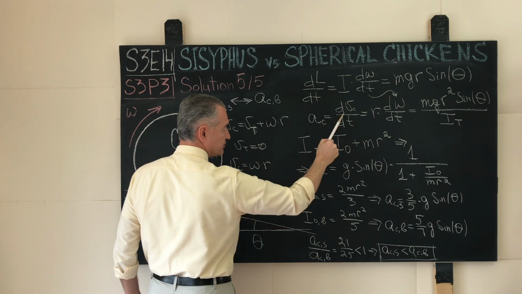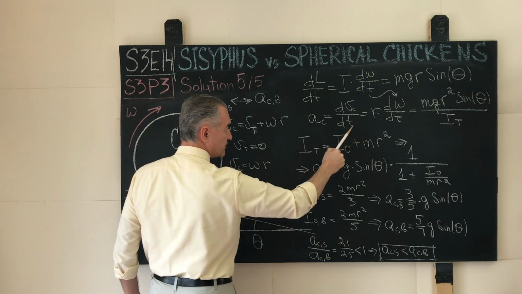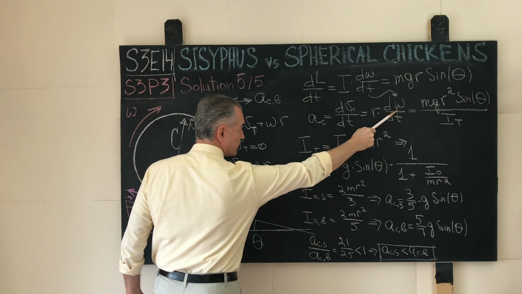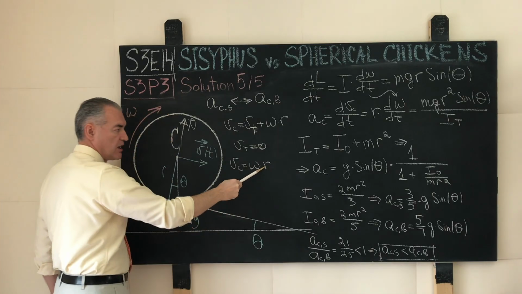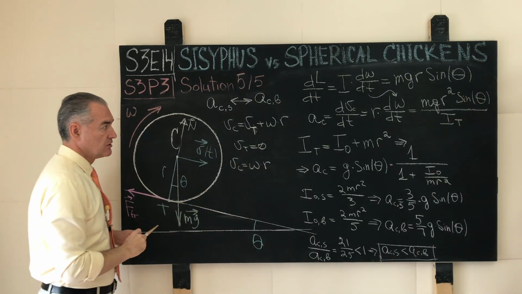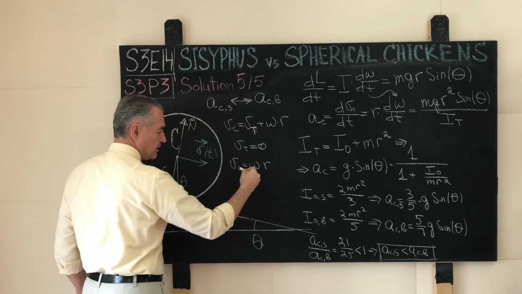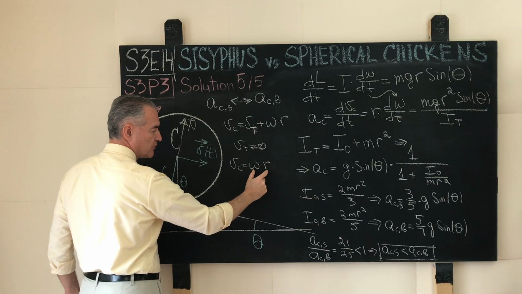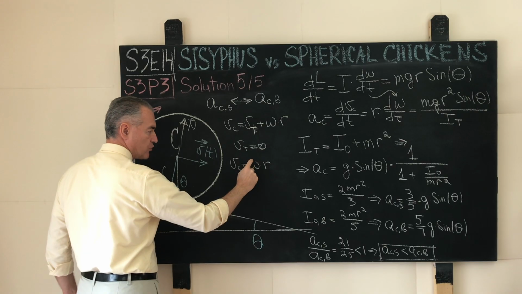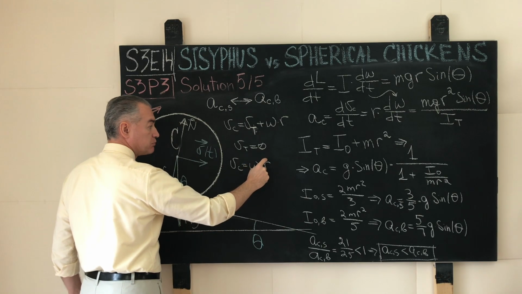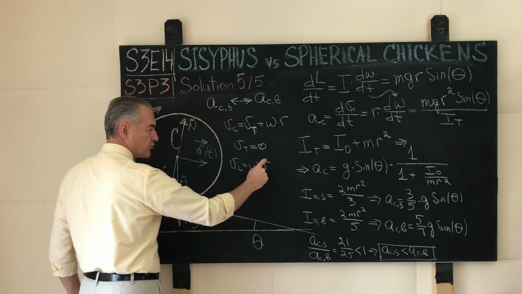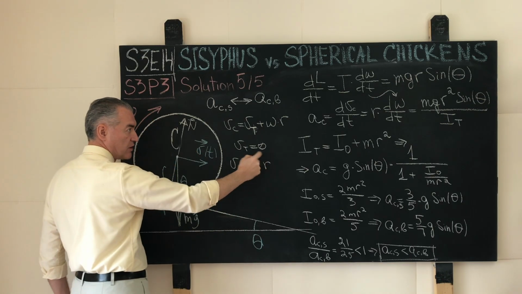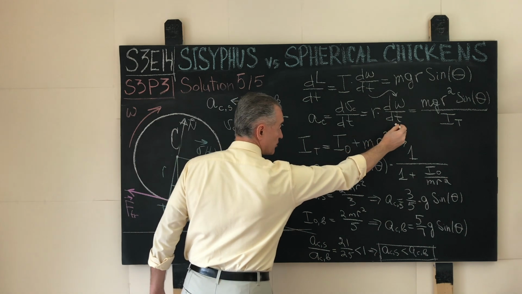The acceleration is the first time derivative of the velocity, and the velocity is r times the angular velocity, where r, evidently, remains the same, so the first derivative of r evaporates, and we have only this expression left.